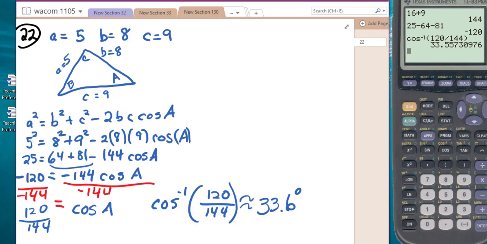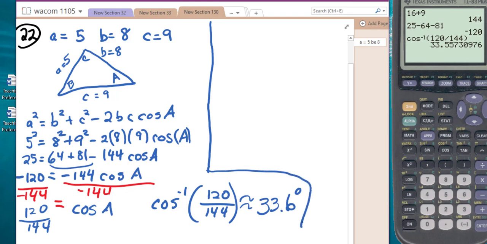All right, so then we switch gears and we'll see about the others with the other law. So this is angle A, and we want the next smallest one, which will be angle B. But now we have a pair, so we switch to the law of sines. We want the angle on this one, so we'll put angles on top.